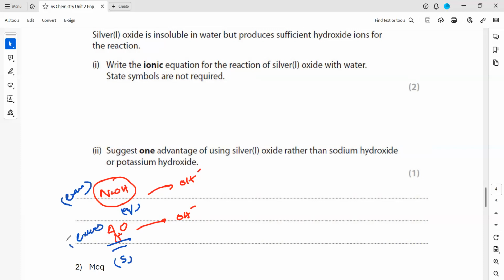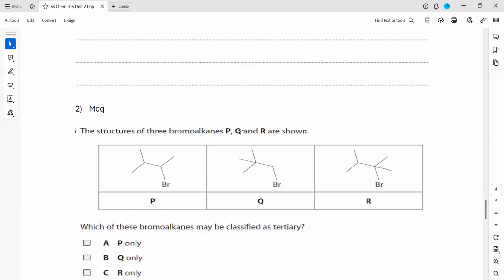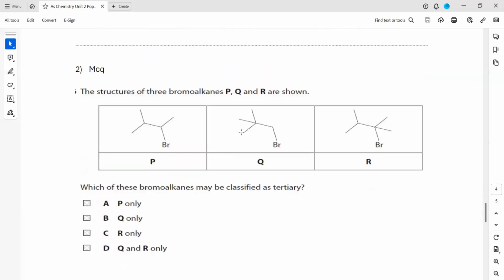Even if we added an excess quantity of silver(I) oxide, because it is a solid, it can be separated from the mixture by filtration. But sodium hydroxide or potassium hydroxide are aqueous solutions, so we cannot separate them from the mixture. That is another advantage. You can also mention corrosive, that's another one.